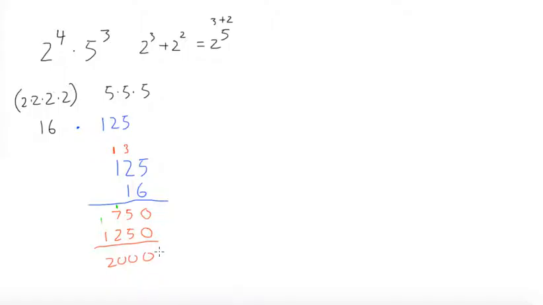Okay? All right, another way you could have done it is you could have used the distributive property, and you could have expanded it. So you could have done something like this. You could have done 16 times 125, and you could have changed that up to 10 plus 6 times 120 plus 5, okay?